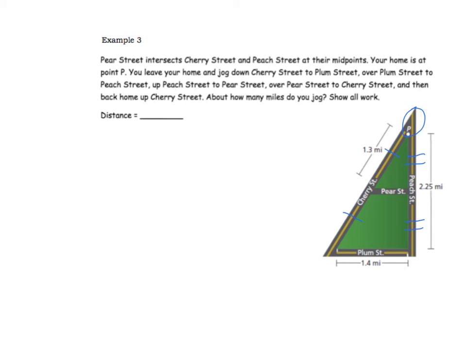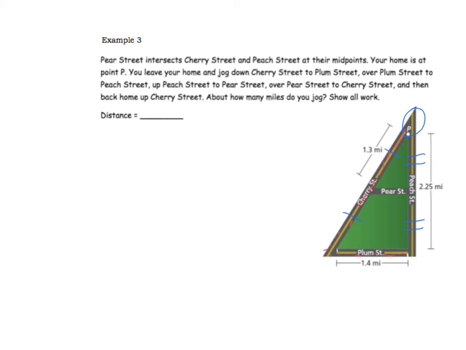You leave your home and jog down Cherry Street, jogging to Plum Street. Over Plum Street to P Street.